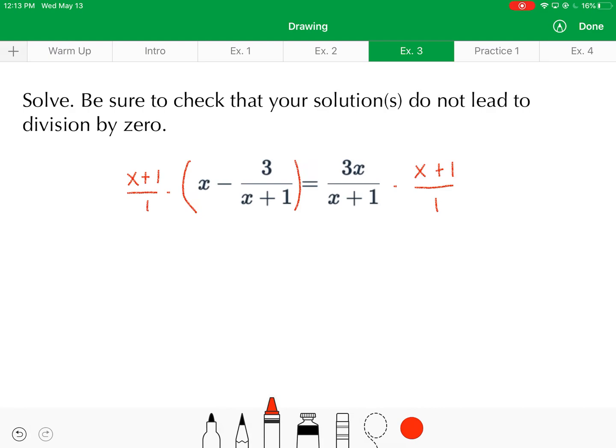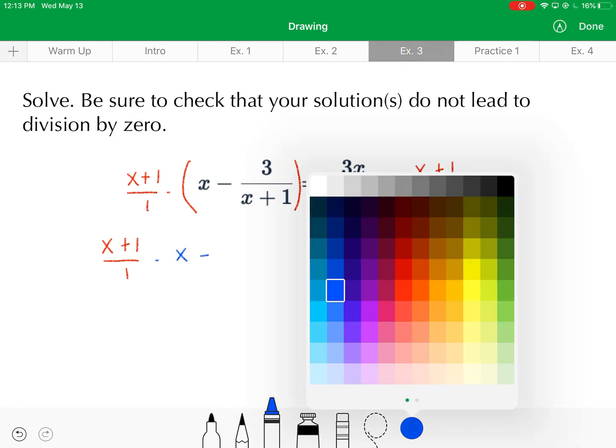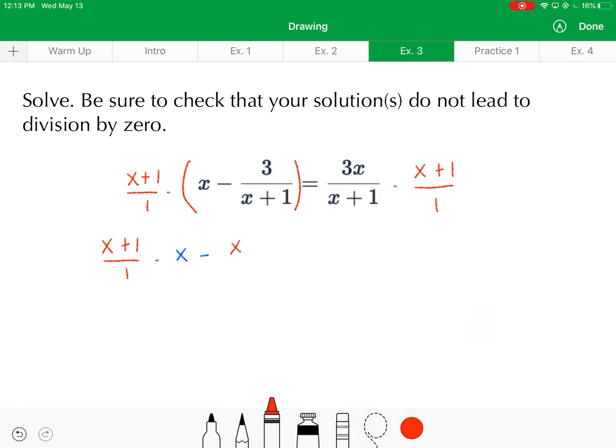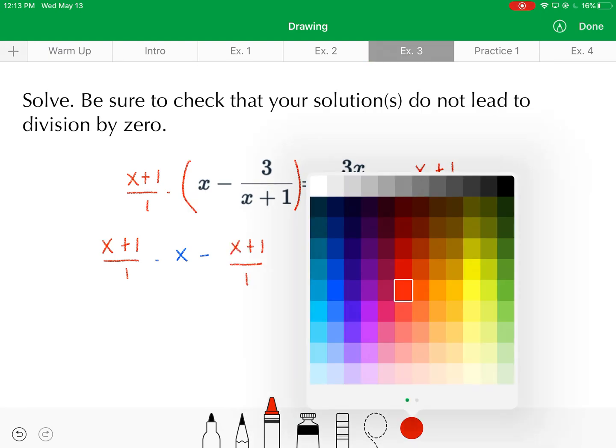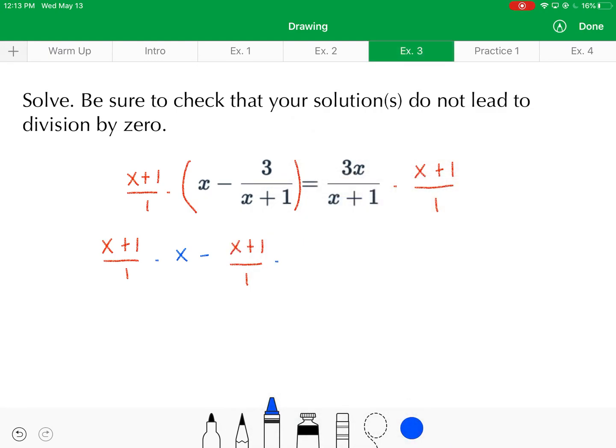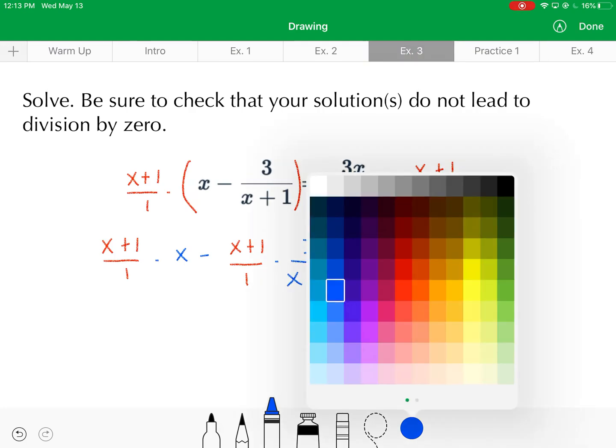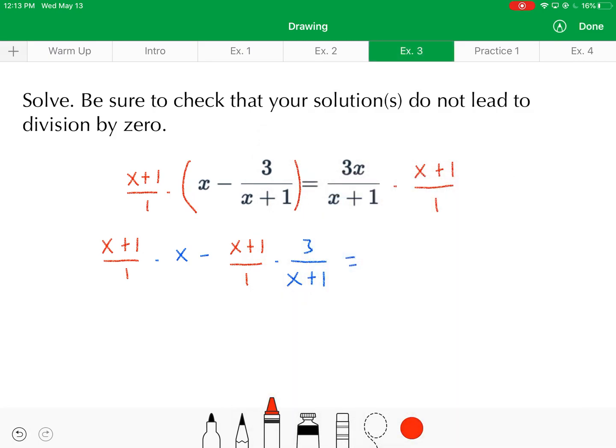So that's going to lead me to x plus 1 over 1 times x minus x plus 1 over 1 times 3 over x plus 1 equals x plus 1 over 1 times 3x over x plus 1.